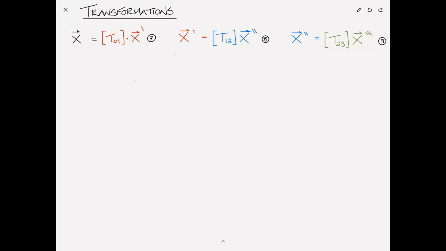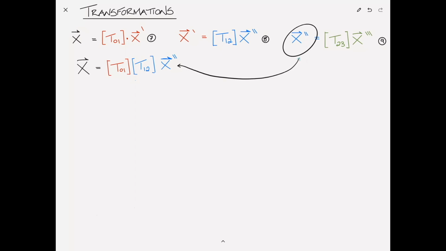And now what I'm going to do is take equation 7, and for x prime, I'm going to substitute equation 8 in there. So I can write this as x is equal to T01 times T12 times x double prime. And similarly, I can substitute equation 9 in for x double prime.